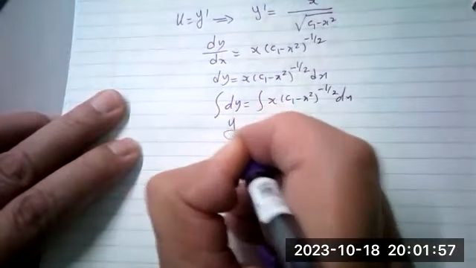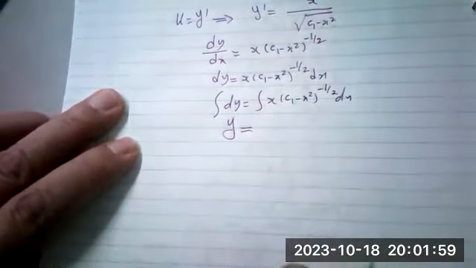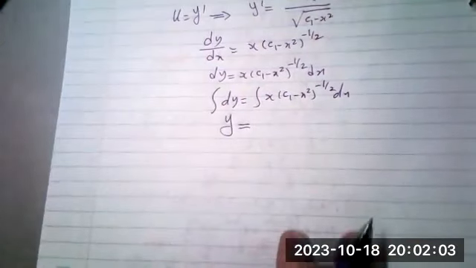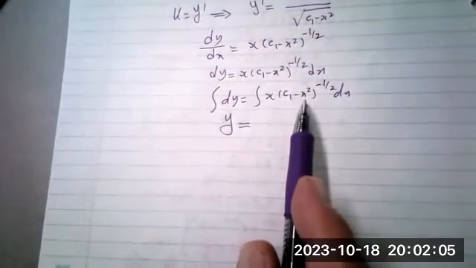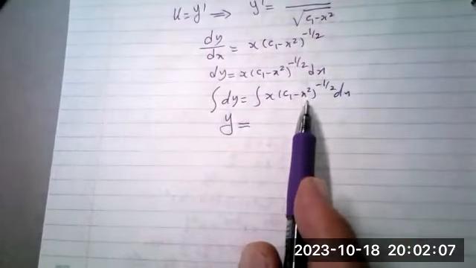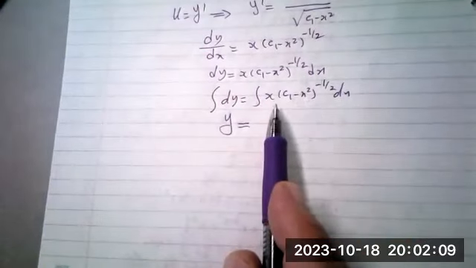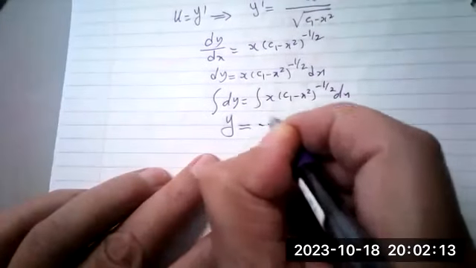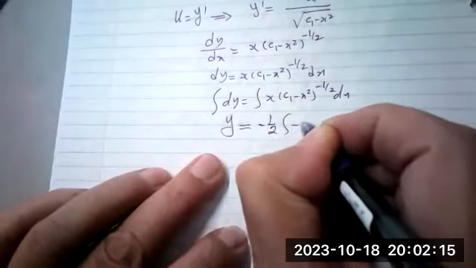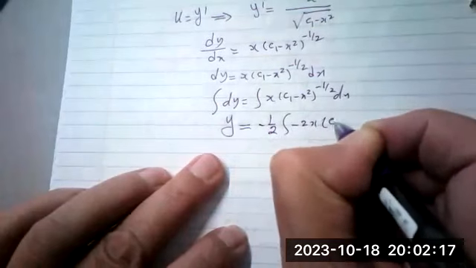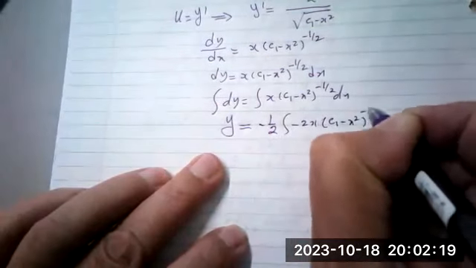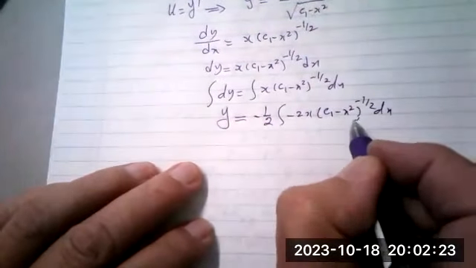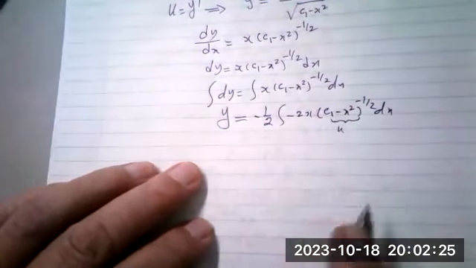So that would be y. This one, u substitution. If we take the inside to be u, u prime would be negative 2x. You already got the x, so I need a negative 2. So this is the way I do it, a negative 1/2. You can use your u substitution if you don't like this method. Okay, that's it. This is u and the rest is du.